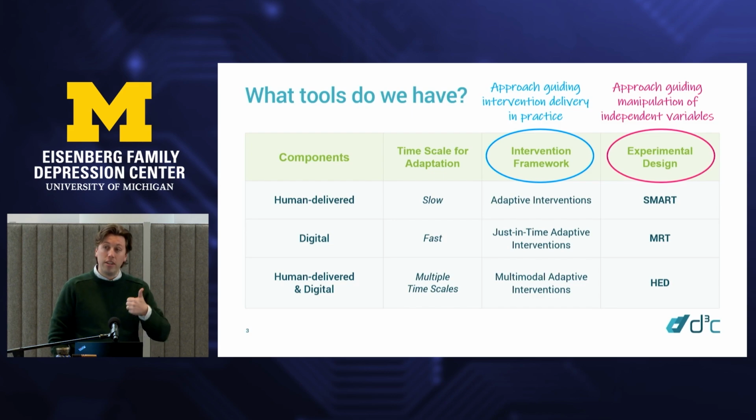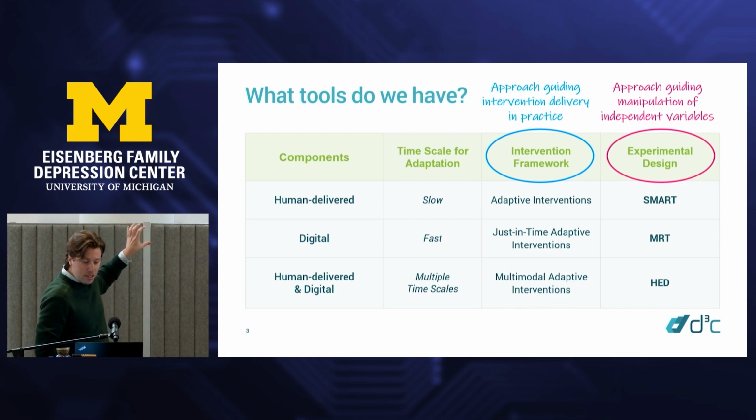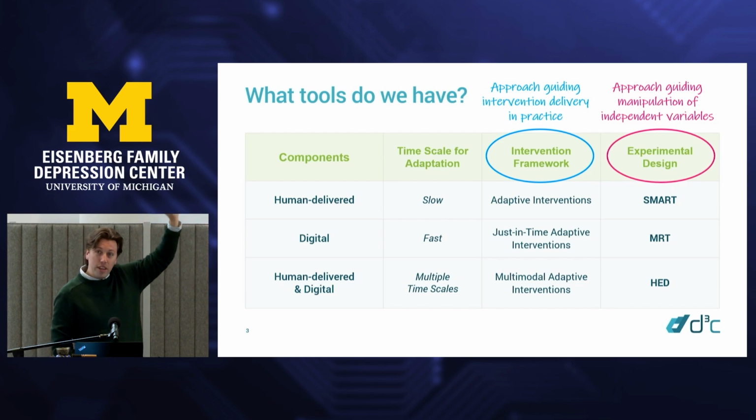So we have adaptive interventions, just-in-time adaptive interventions, and multimodal adaptive interventions, which you now can't see, but I want you to visualize a nice grid where you see three rows and four columns. Okay? Perfect. We're all having this mental image, exactly. So human-delivered, digital, human-delivered and digital. Intervention framework with AIs, JITAIs, and multimodal adaptive interventions.